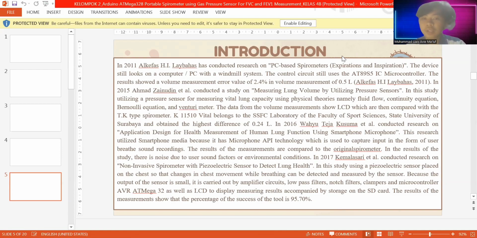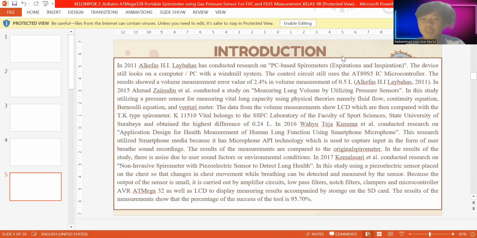In 2015, Ahmad Zainuddin et al. conducted a study on measuring lung volume by utilizing a pressure sensor. In this study, a pressure sensor was used for measuring vital lung capacity using physical theory, namely the flow continuity equation, Bernoulli equation, and Venturi method.